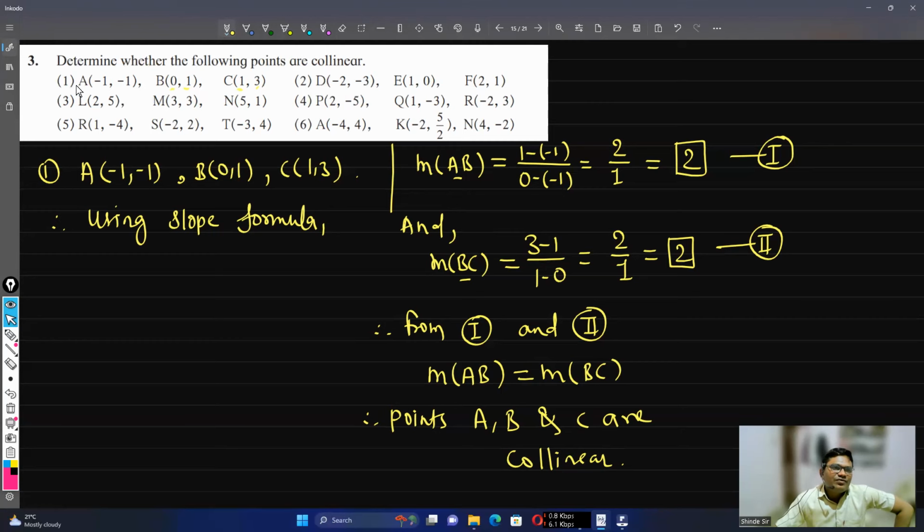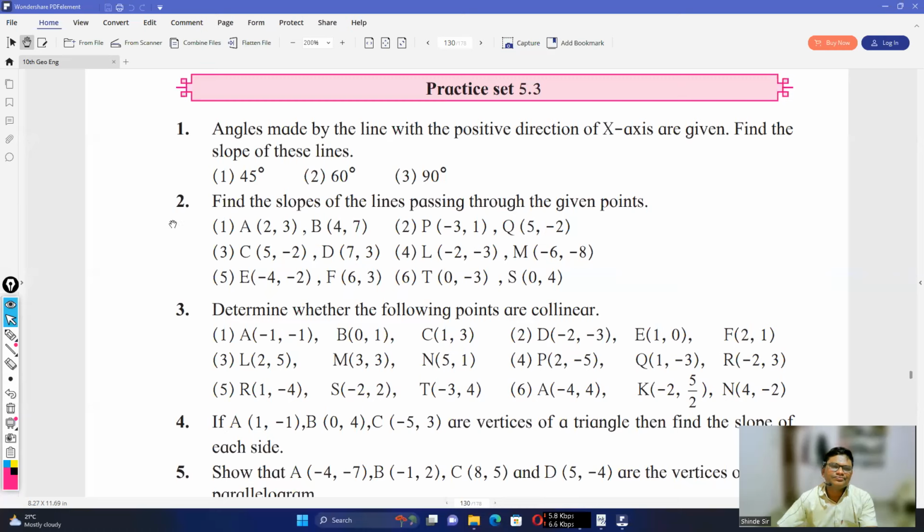By the same way, you can find whether the given 3 points in each sub-problem are collinear or not. So, remaining problems are homework for you. Now, I'm going to solve problem number 2. The problem number 2 is saying that find the slope of the lines passing through the given points.